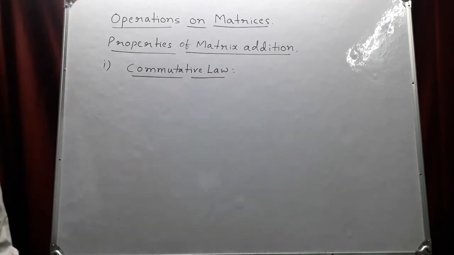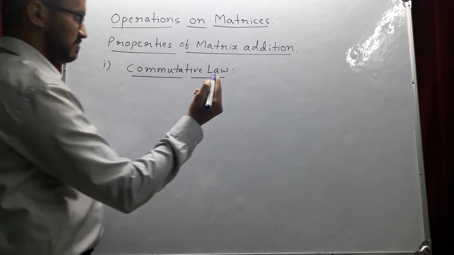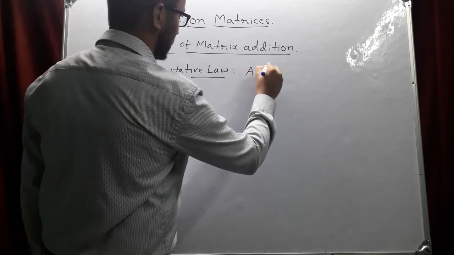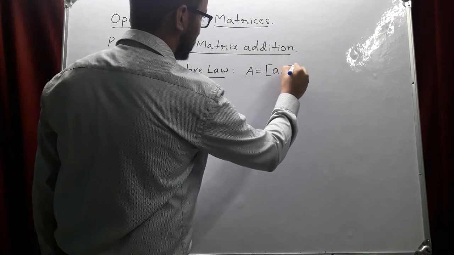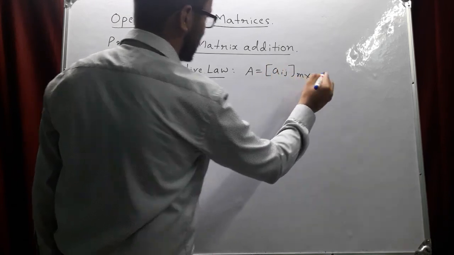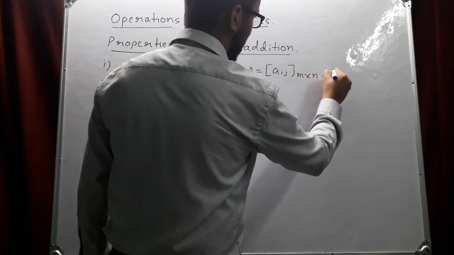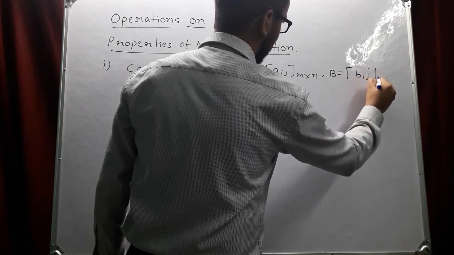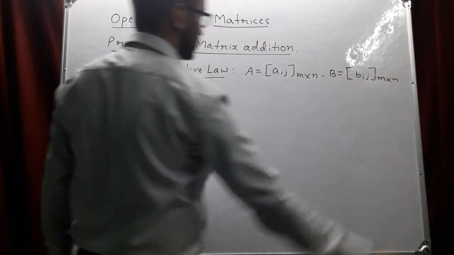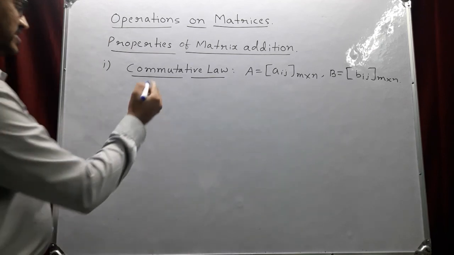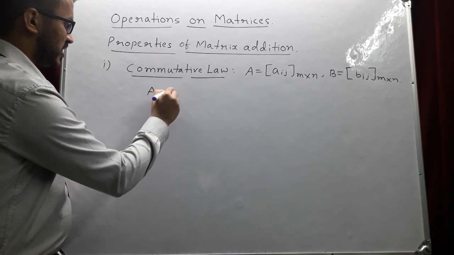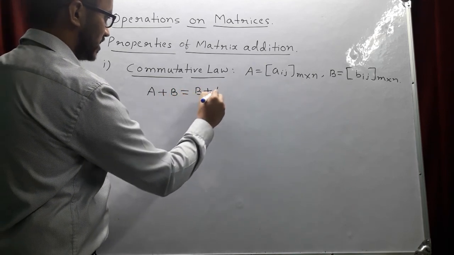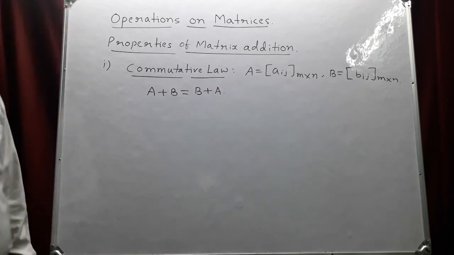For any two matrices of the same order, consider A and B. Let A be the matrix Aij of the order m by n, and B the matrix Bij of the order m by n. Then clearly we can say that A plus B is equal to B plus A. So this is the commutative law.